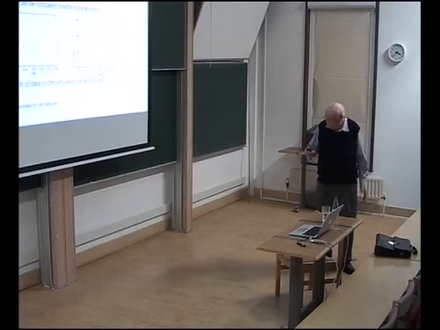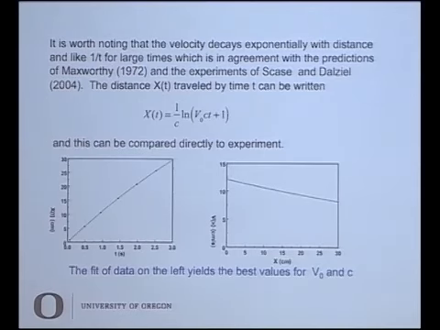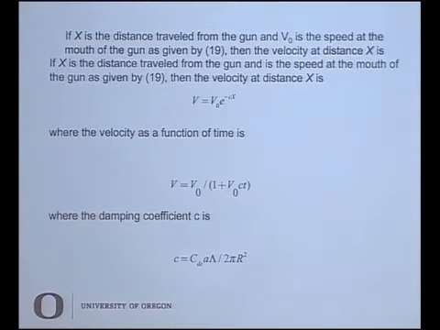So how do you do that experimentally? What you do is you fire a ring and you measure where it is at what time. That gives you a series of positions x against time t, which is on the left of this slide. You can then make the best fit using these simple formulae, and you can get the decay of velocity as a function of position, which is exponential.